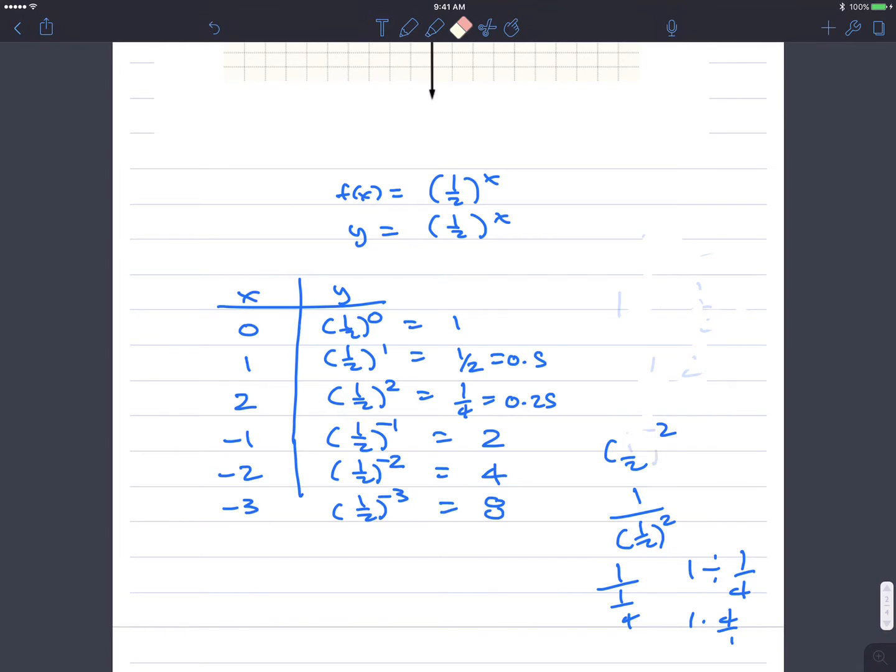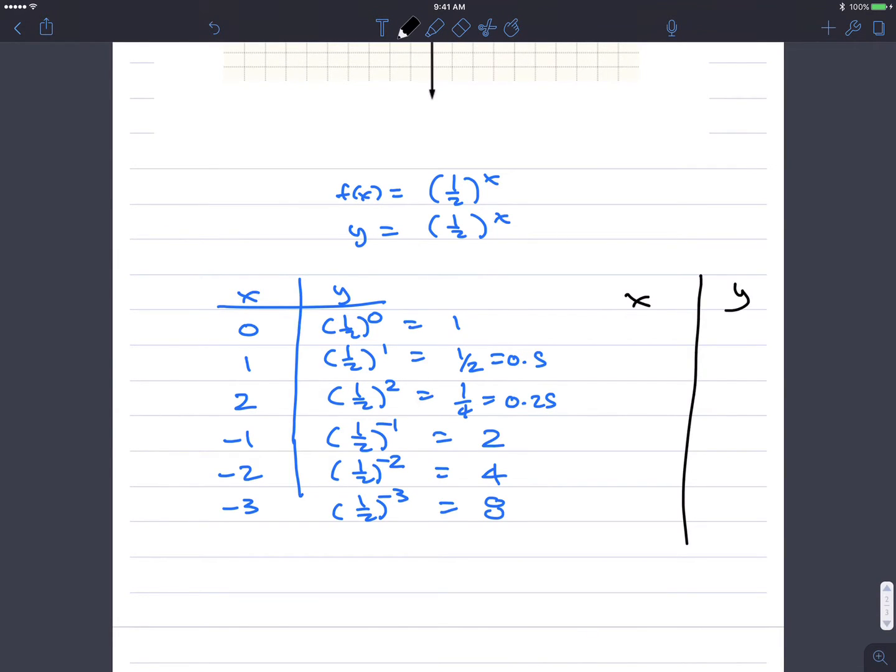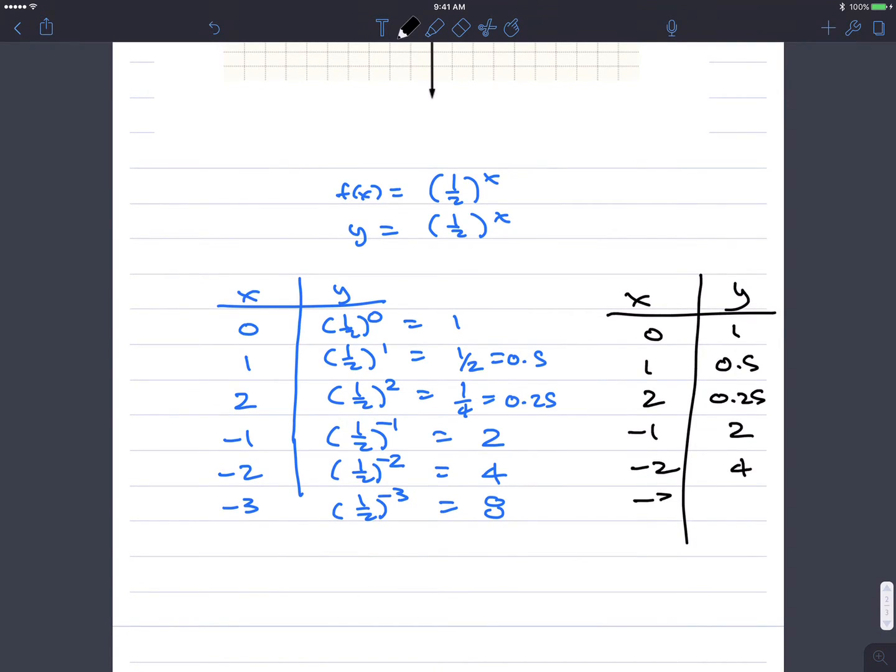The points we're going to plot are going to look like this. X coordinate, Y coordinate: (0, 1), (1, 1/2), (2, 0.25), (-1, 2), (-2, 4), (-3, 8). These are the points I'm going to plot.